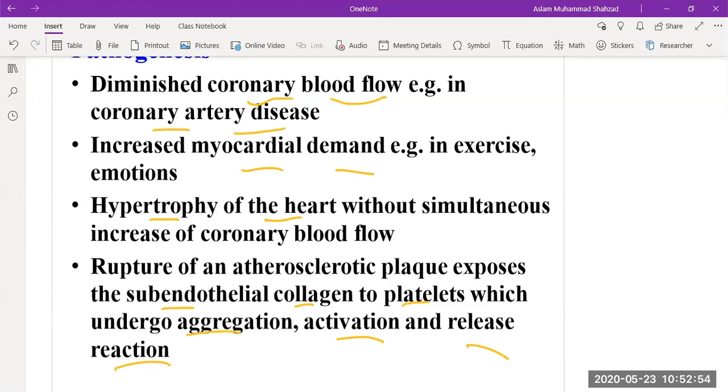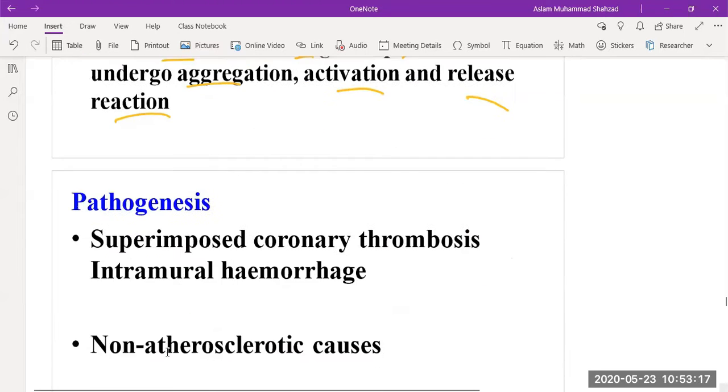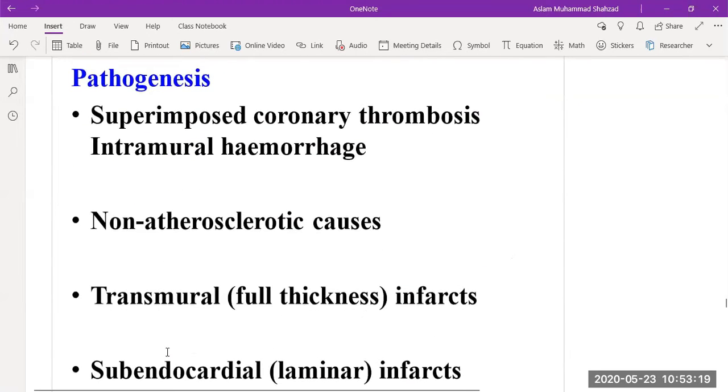So with the formation of the plaque, rupture of the atherosclerotic plaque exposes the subendothelial collagen for platelets to adhere, and that causes the aggregation of the platelets and activation and causes the reaction.